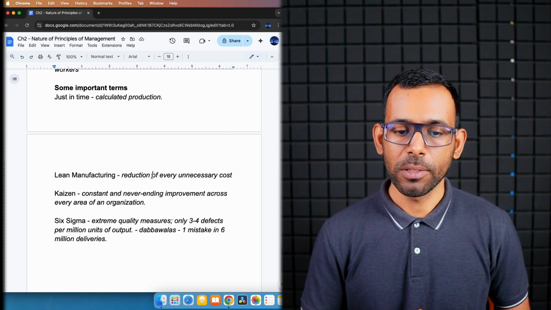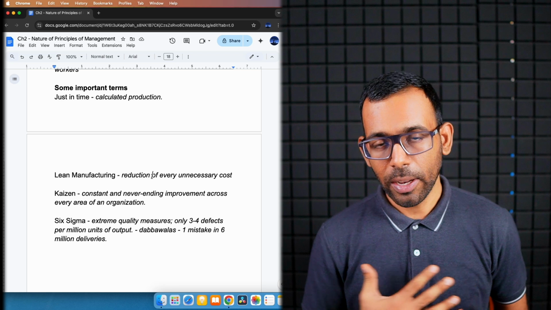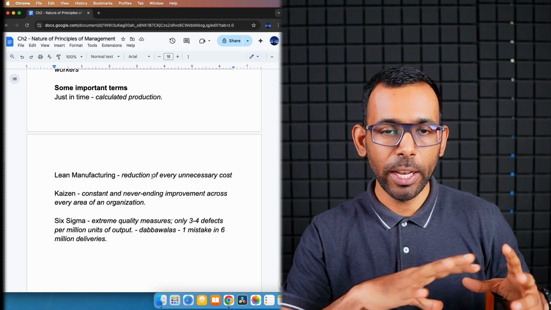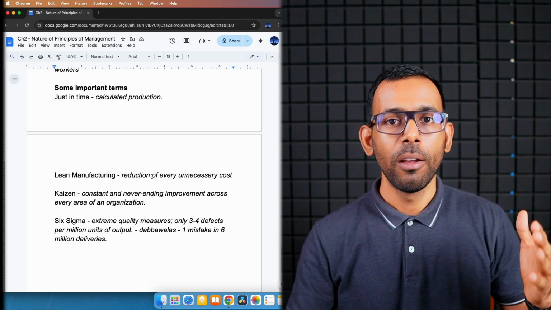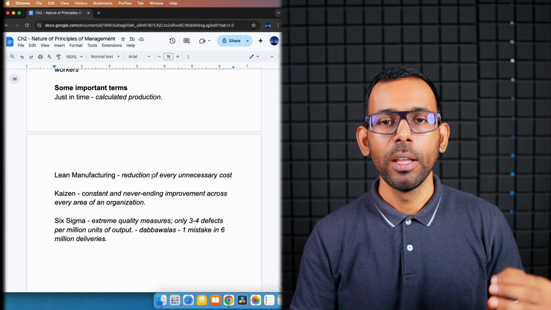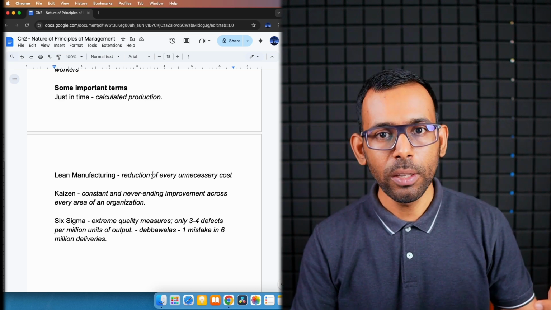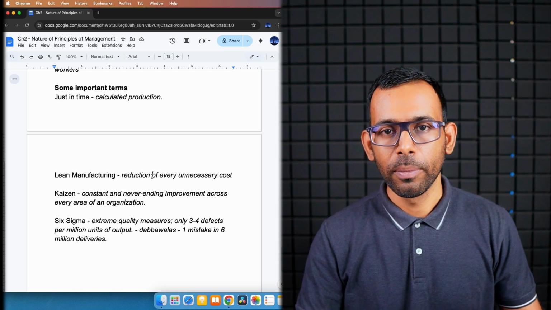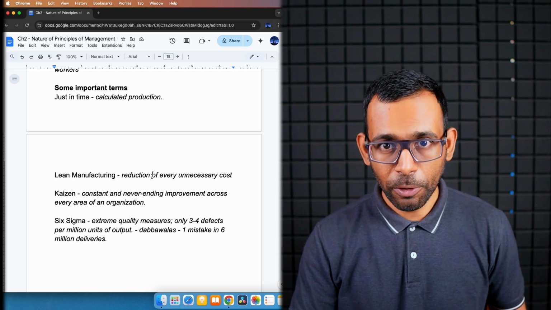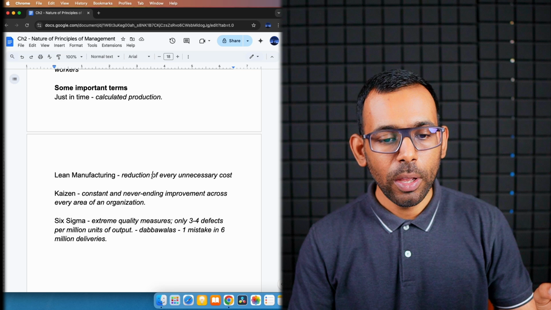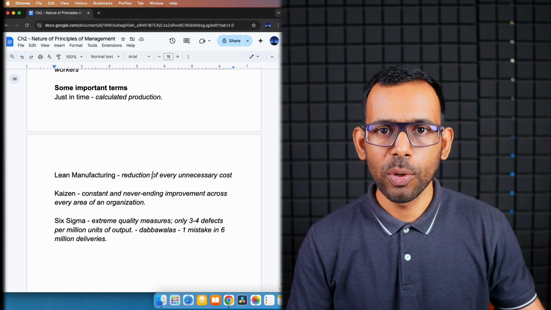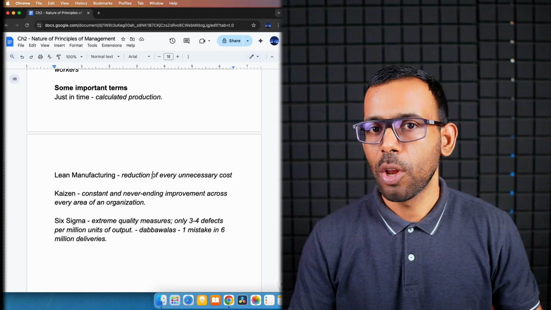That is lean manufacturing. When I used to work in corporate, when I toured the factory, our job was to make sure that every part of the factory was running only to the minimum requirement, which means we had to find out if there was any unnecessary extra resource employed that was not giving any output.